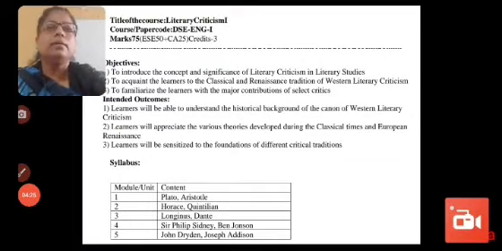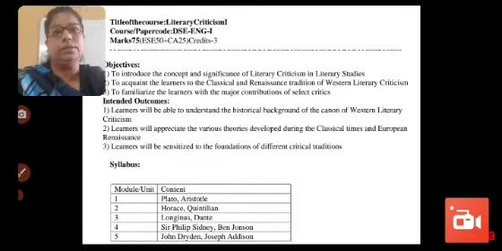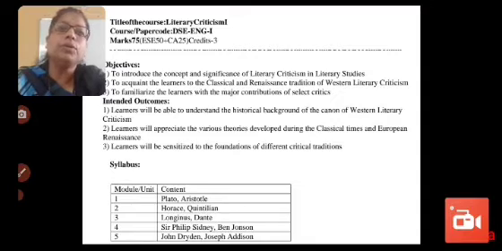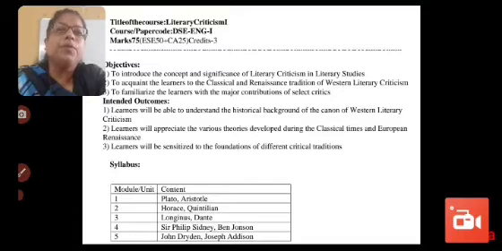The second objective is to acquaint, that is to introduce or to make familiar with something, to acquaint the learners to the classical and Renaissance tradition of Western literary criticism. So here is an opportunity for you learners to study Western literary criticism. We are the Eastern people.